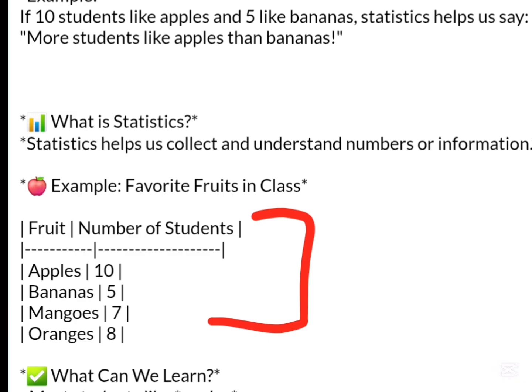Because we have counted: 10 students like apples, and 5 students like bananas. So 10 is the biggest number among all of these, and 5 is the smallest number. So only 5 students like bananas. In this way we can understand the information better. So statistics helps us to understand numbers or information.